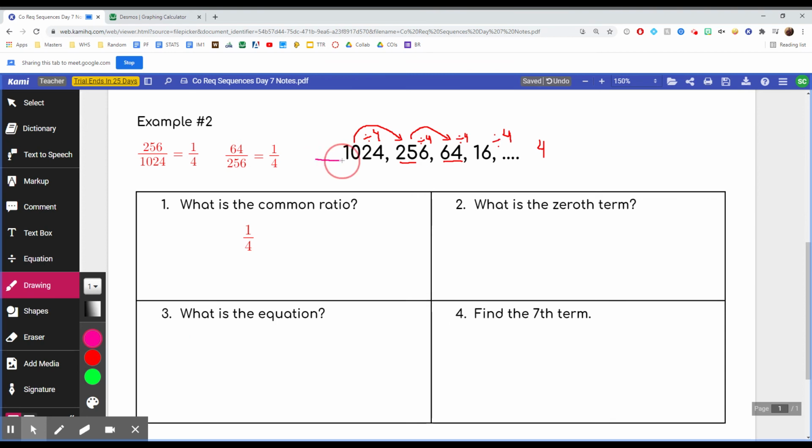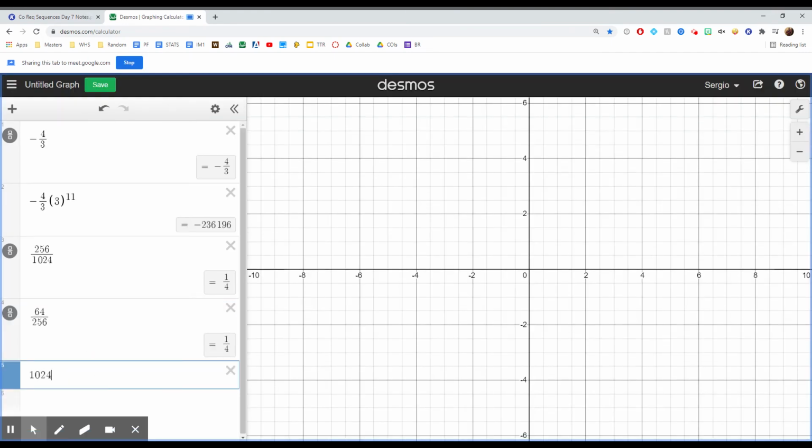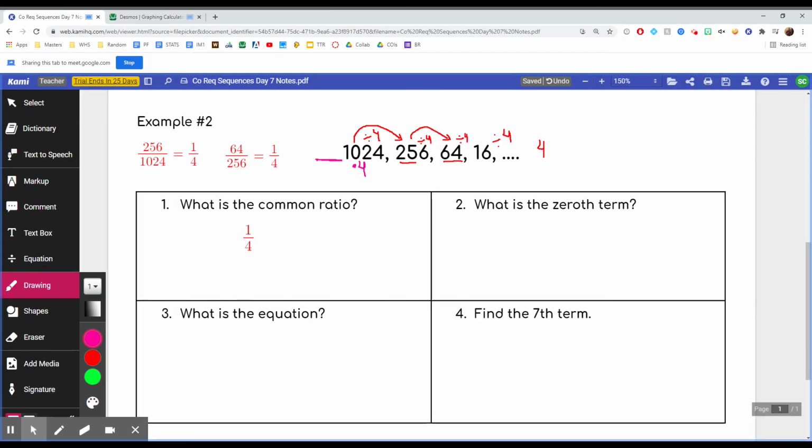So to get the zero term, I'm going to multiply 1024 by 4, and 1024 times 4 gives you 4096. Okay, so that's what we're going to put here. 4096 as the zeroth term.